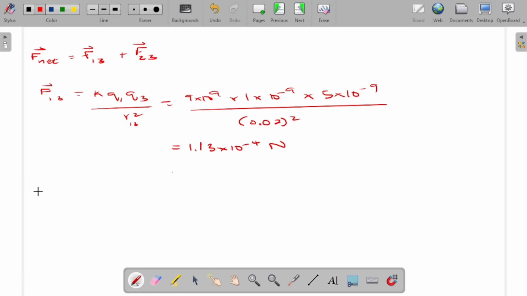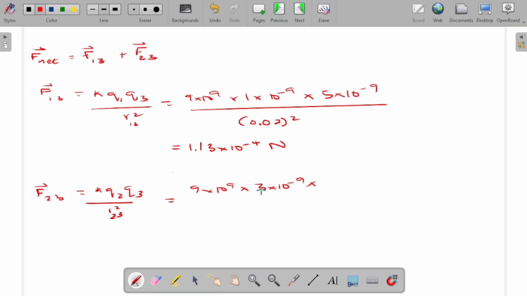Now let's calculate F of Q2 on Q3. That's going to be k Q2 Q3 over r squared of 2 and 3. So we have 9 times 10 to the 9 multiplied by Q2. What's the value of Q2? 3 times 10 to the negative 9.